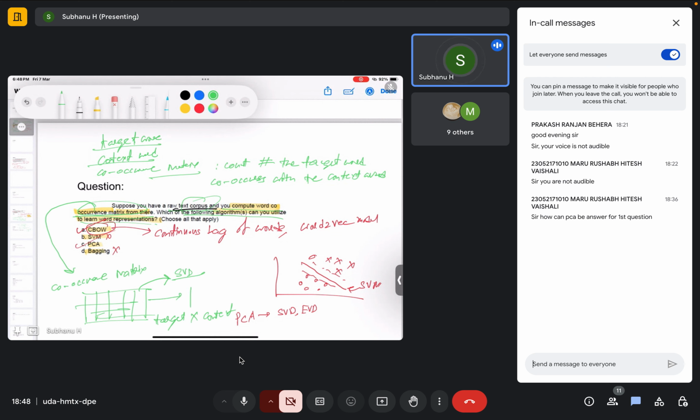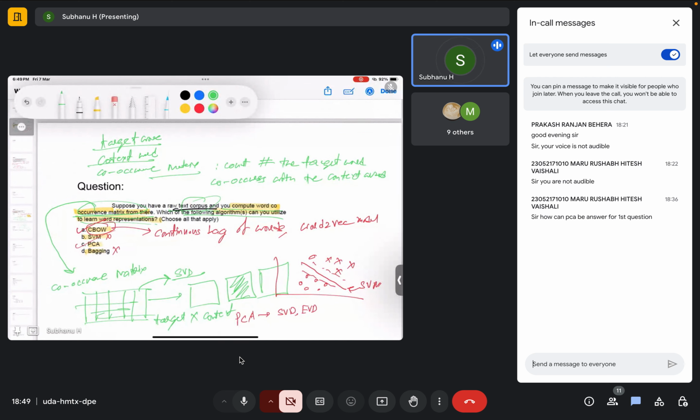So basically PCA finds a set of orthogonal axes or principal components that best capture the variance in the data. Applied to a word co-occurrence matrix, PCA can generate lower dimensional word embeddings.